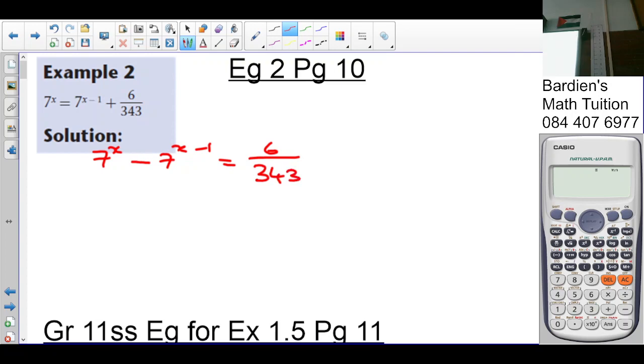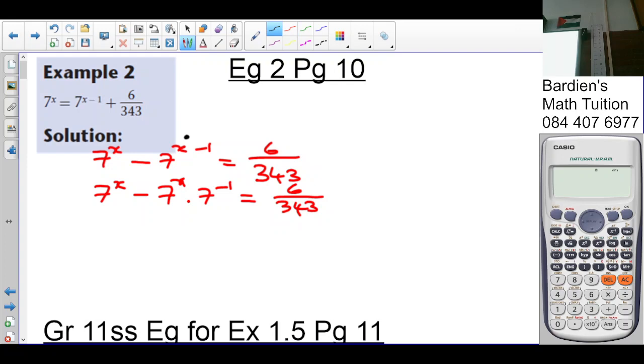Now what? First break up 7 to the x minus 1. It becomes 7 to the x minus 7 to the x times 7 to the negative 1 is equal to 6 over 343. Now what do we do? Common factor.